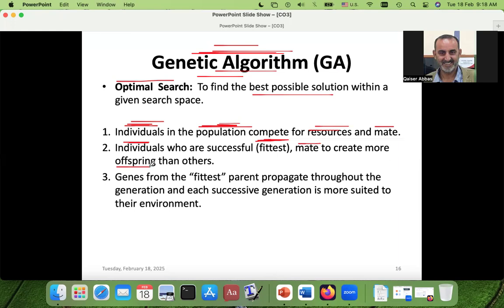So now you will understand this word offspring. So it means that only fit individuals are allowed to propagate their material to the next generation.